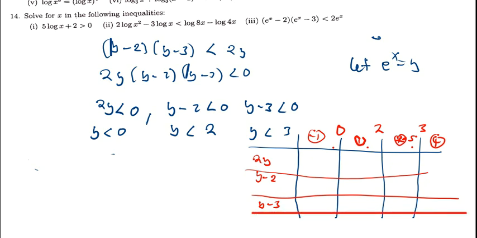So let us see, if I put negative 1 here, I'm going to get negative there, negative here, negative overall will be negative.